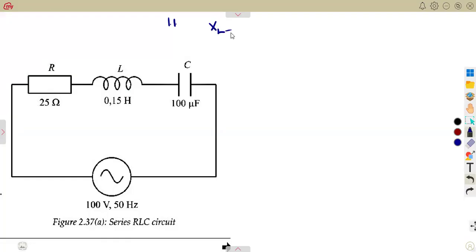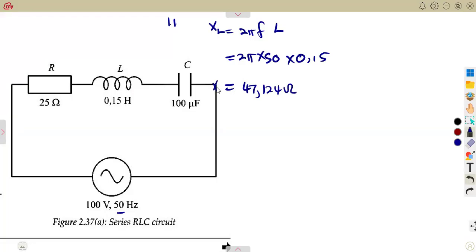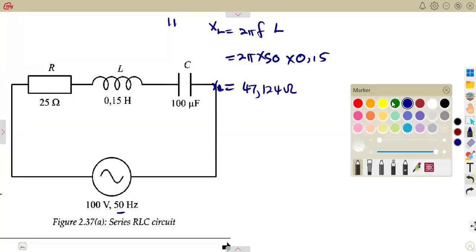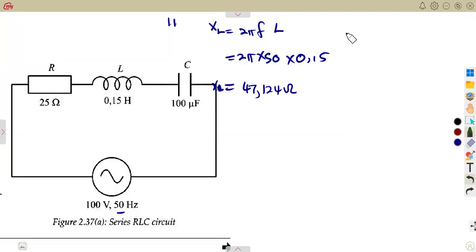So that we see which one is bigger. XL from the inductor, remember our XL, guys, does not change. That's 2 pi FL, which is 2 pi times the frequency, 50 hertz, times the inductance 0.15. That was going to give us XL, which is 47.124 ohms. We've been using this value for a lot of questions. But anyway, we do the same thing to determine XC across the capacitor. XC, remember, is 1 over 2 pi FC.